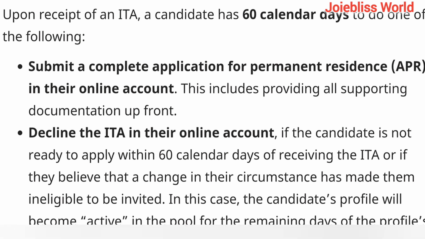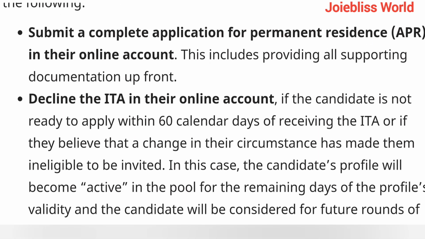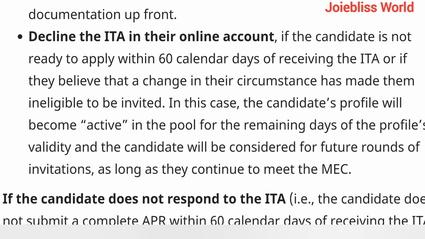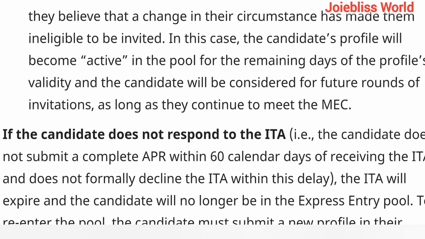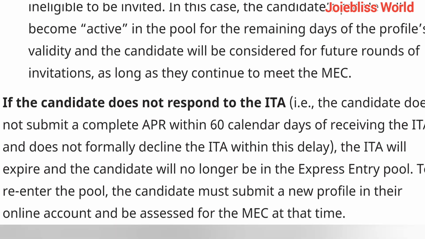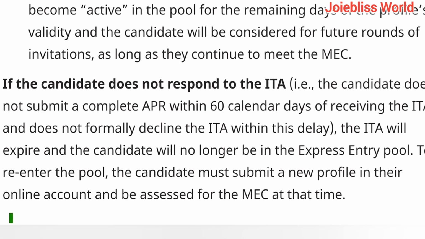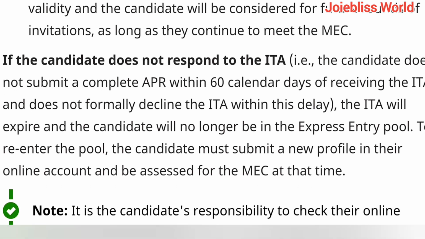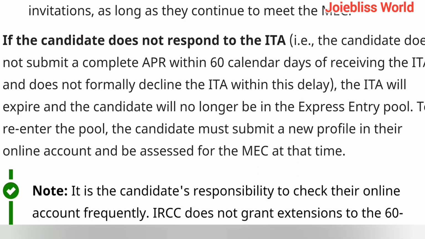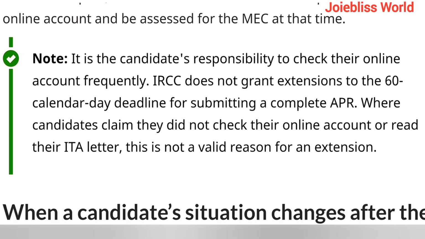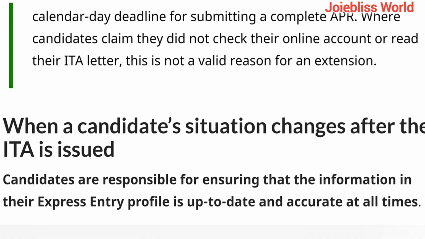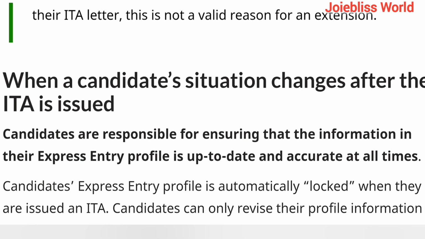If you finally receive your ITA, you have 60 days to complete your application for permanent residency. But if you don't have the documents to supply, you can just decline it. If you do not respond within 60 days of receiving the ITA and you don't decline it, the ITA will expire and the candidate will no longer be able to be in the express entry pool.